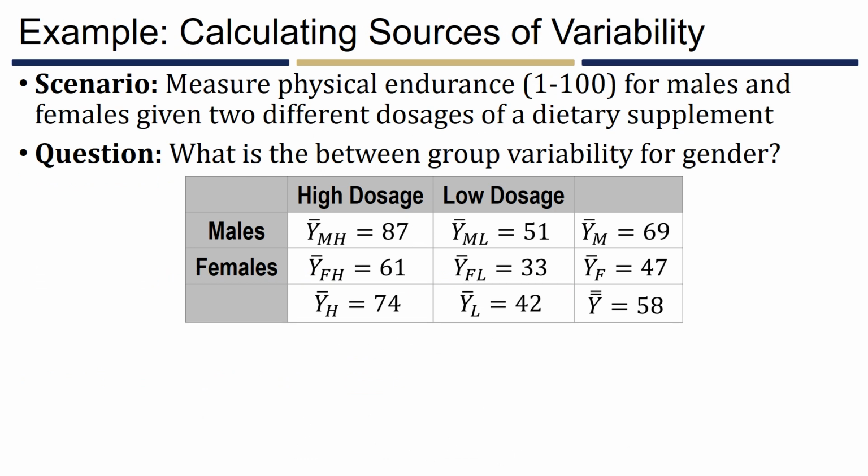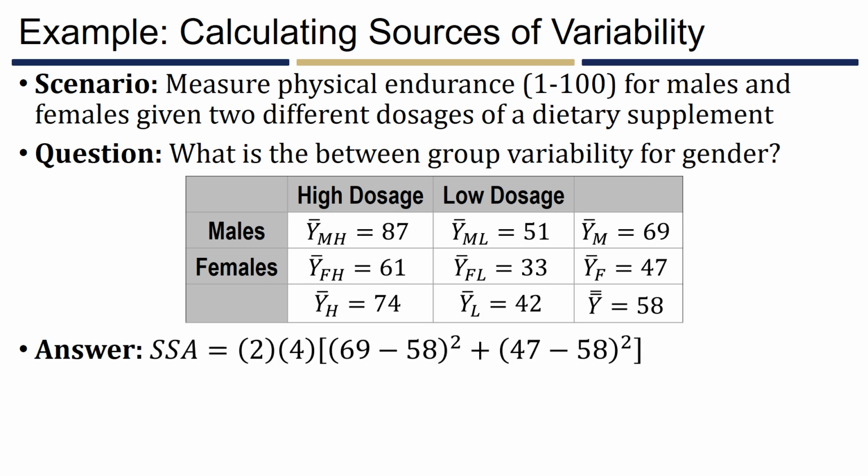Let's start out by calculating the between-group variability for gender. This is going to be our SSA. What we'll do is take the average physical endurance score for the males, 69, subtract off the grand mean of 58, and square the difference. Then we'll repeat that for the females. We have an average physical endurance score of 47 for the females, minus the grand mean of 58, that difference squared.